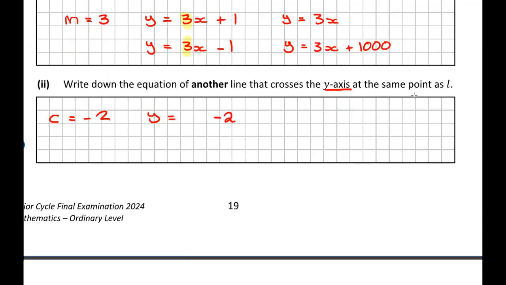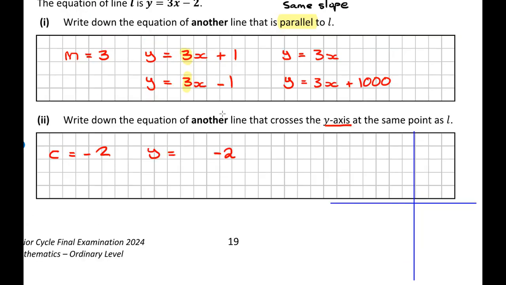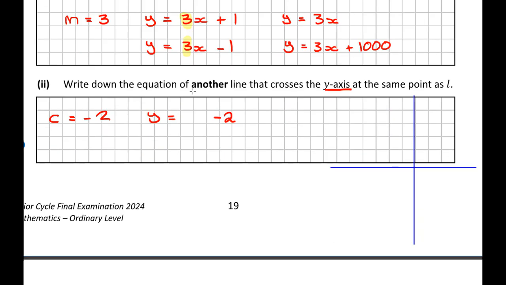So here, this is basically what they're telling us. You have the x and the y axes. I actually could have left those arrows in, and it doesn't matter. We're going to have the x and the y axis. So basically, we have a line here that it's going to cross. We're told it's 3x minus 2.